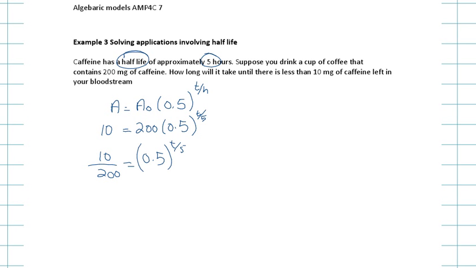Now, you can do trial and error or log. So how would I do log? t over 5 equals log of 0.05 divided by log of 0.5.